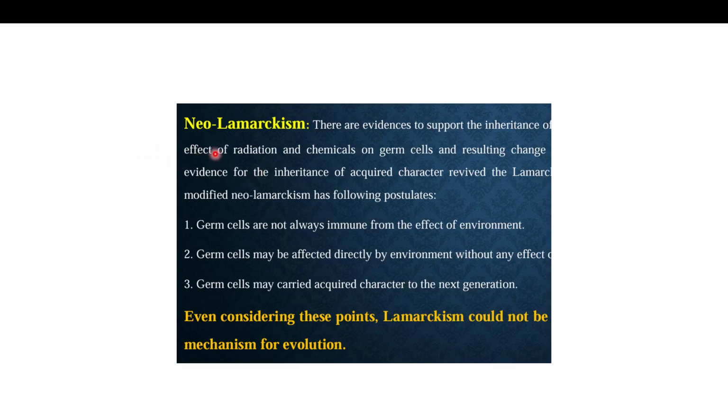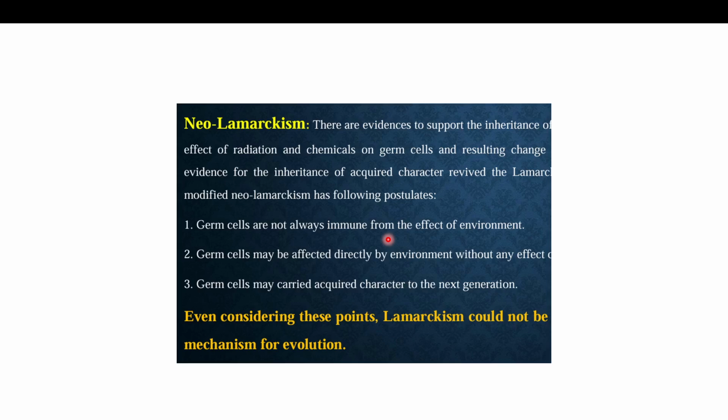However, there is a small branch called neo-Lamarckism, where there are evidences to support the inheritance of the effect of radiation or chemicals on germ cells. The resulting change, or evidence for the inheritance of acquired characters, revived Lamarckism, which was eventually modified into neo-Lamarckism. So the postulates are: germ cells are not always immune from the effect of environment.